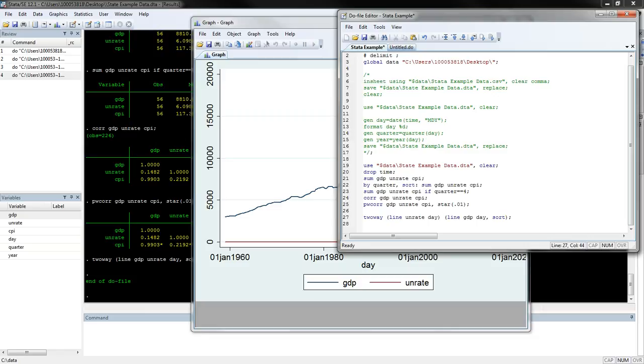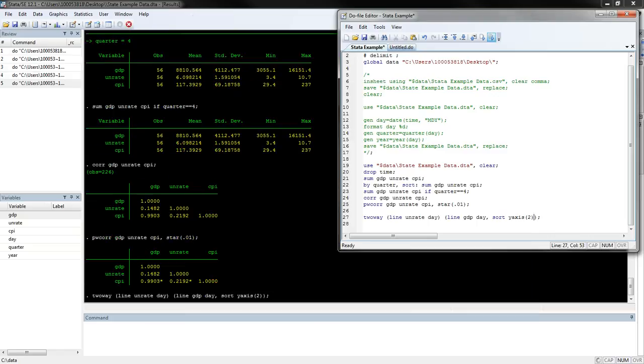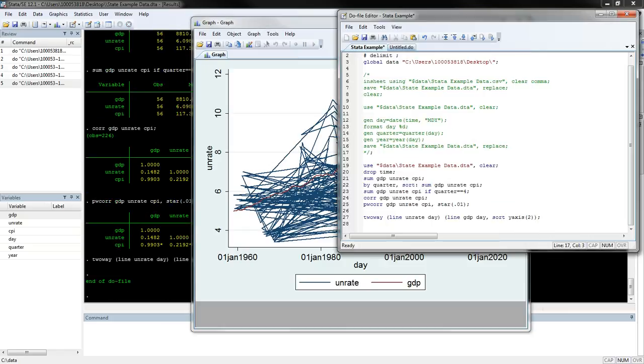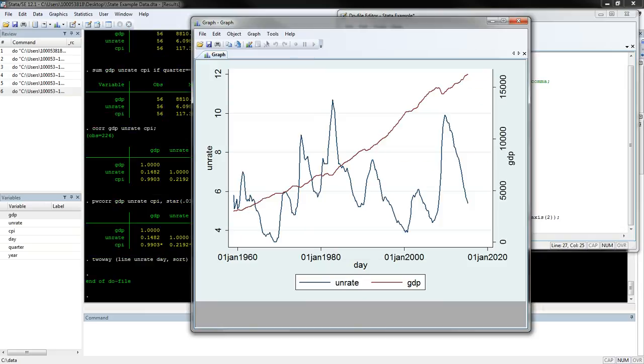We're going to sort, y-axis 2, to verify that we have a second y-axis. We run this, we obviously have to sort here too. And this is what we get.